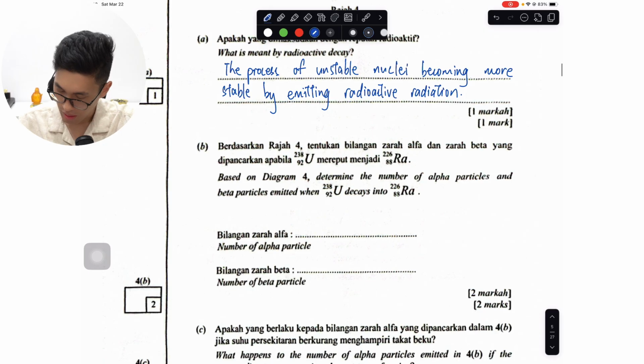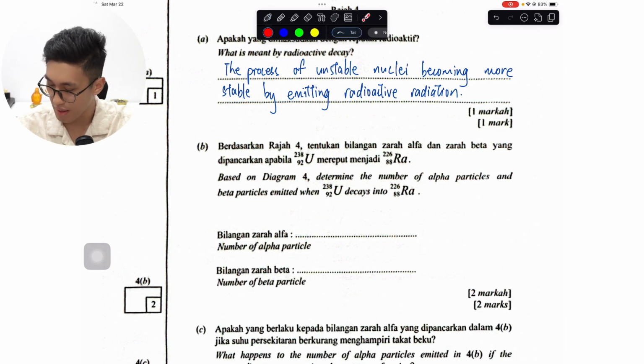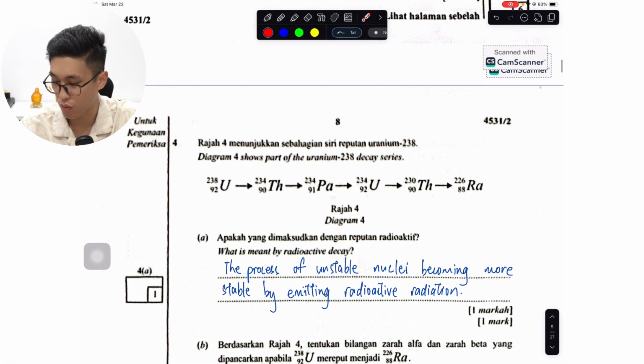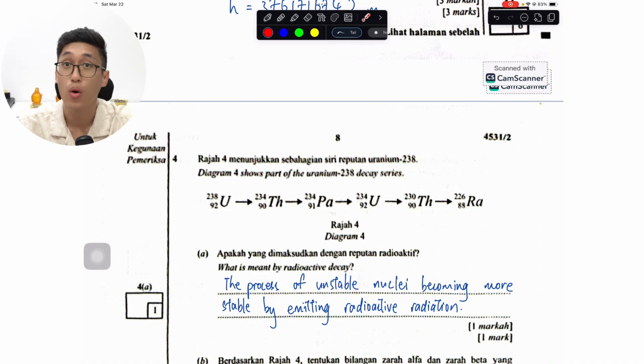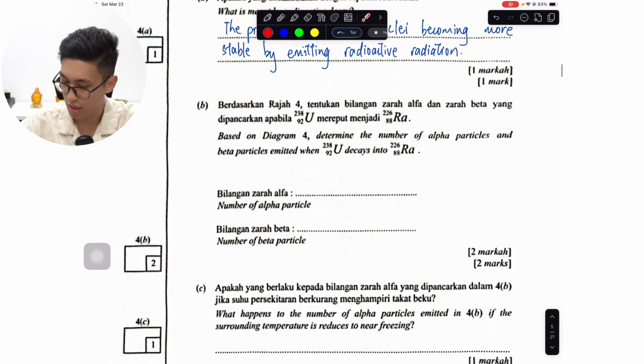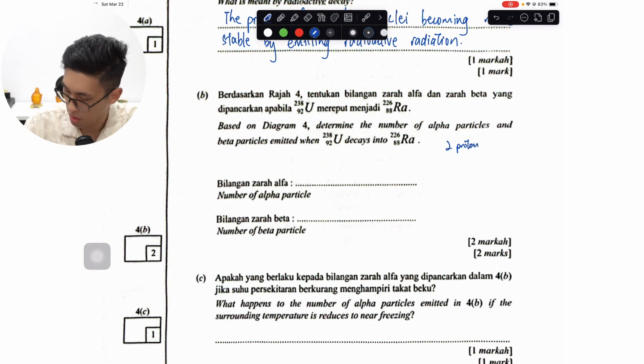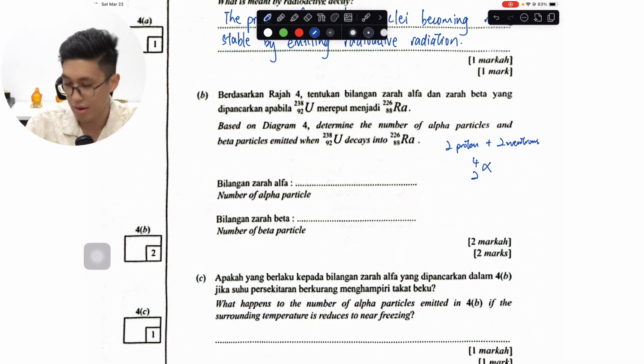Now the next question. Based on diagram 4, determine the number of alpha particles and beta particles emitted when uranium-238 decays into radium-226. Okay, so for this kind of question, you must first know what is an alpha particle and what is a beta particle first. Okay, so in case you didn't know, alpha particles are 2 protons and 2 neutrons, which we can write as 2, 4, alpha, okay?